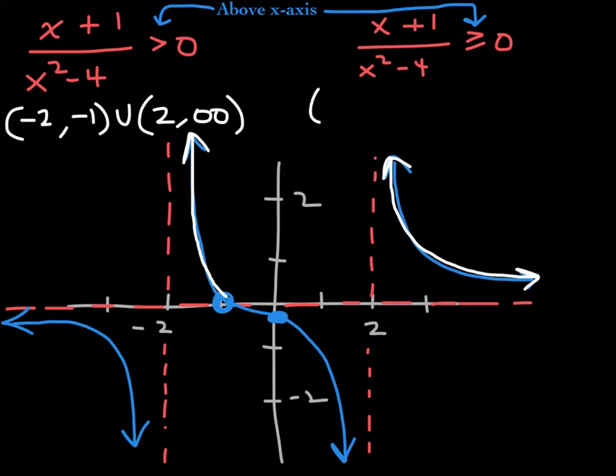So the answer would be -2 to -1, bracket, union, parenthesis 2, all the way to infinity. Again, you have to put parentheses at -2 and +2 because those are your vertical asymptotes.